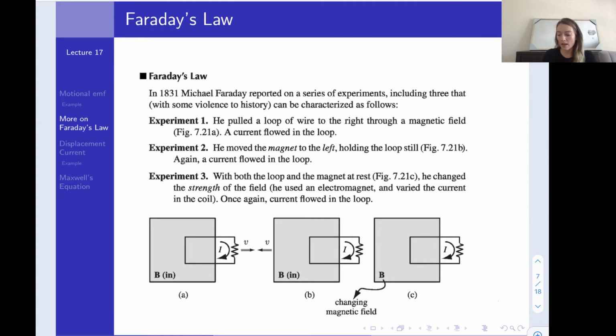And especially in this third one, where just changing the magnetic field and not even changing the location of the wire or the magnet was producing the same effect. So this is basically what gave Einstein the idea to develop relativity. It was these experiments that really got him thinking about relative motion and what it means to have an absolute frame of reference.